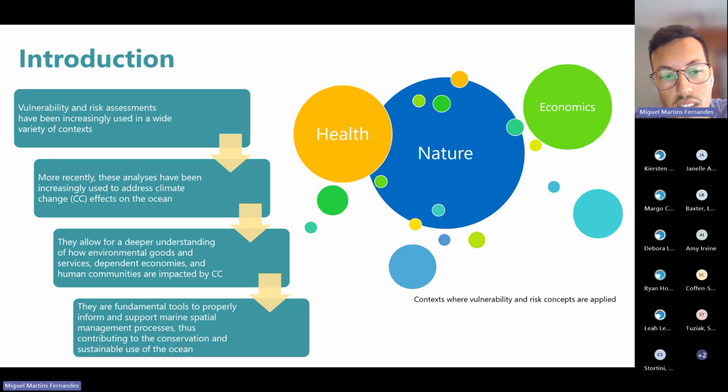And this is very important because we can understand how, for example, different ecosystem services, different human communities, and different maritime activities are impacted by climate change. And this is very important to inform and support these management plans around the world, contributing to conservation and also to a sustainable use of the ocean.